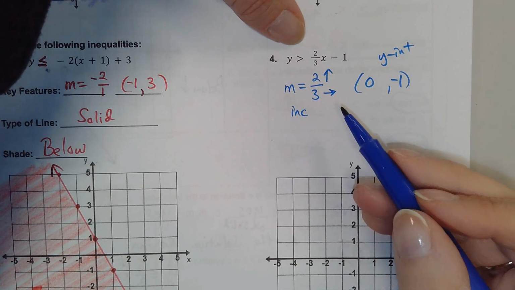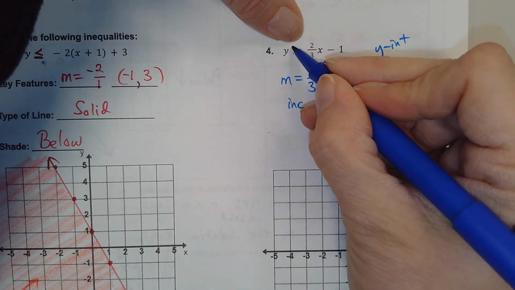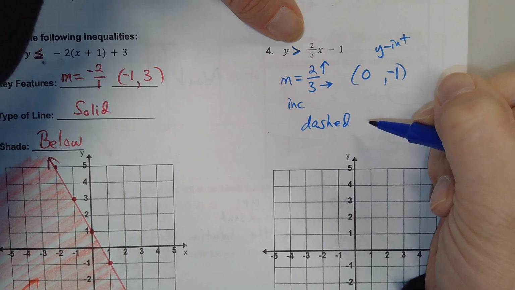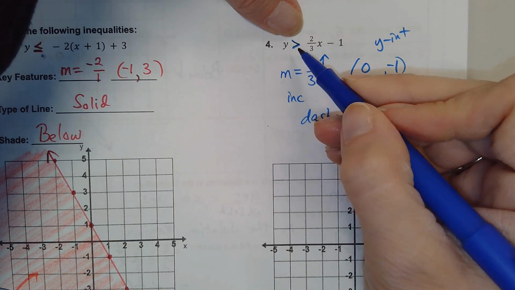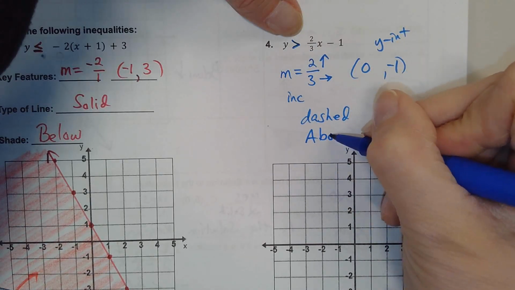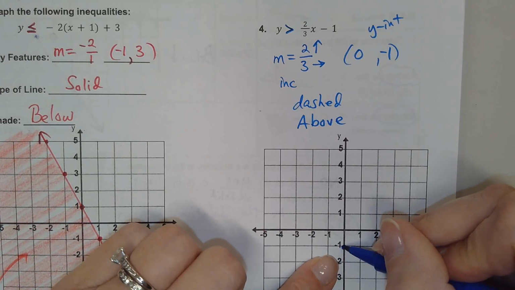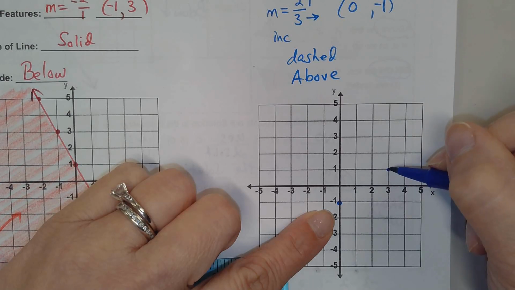Will we do a solid line or a dashed line? It is just greater, so we need to draw a dashed line and shade above or below. Shade above. All right, let's do all these things. We start on the y-intercept, up 2 over 3.